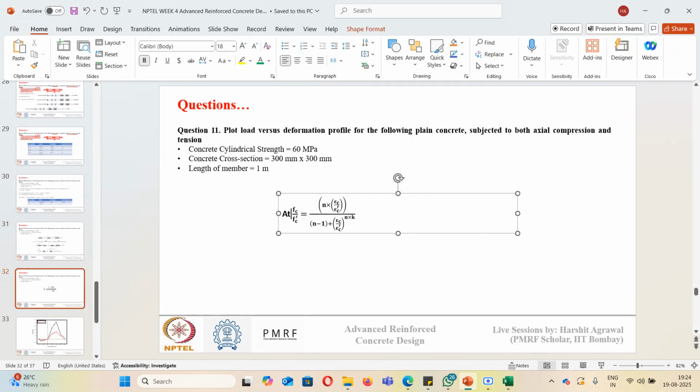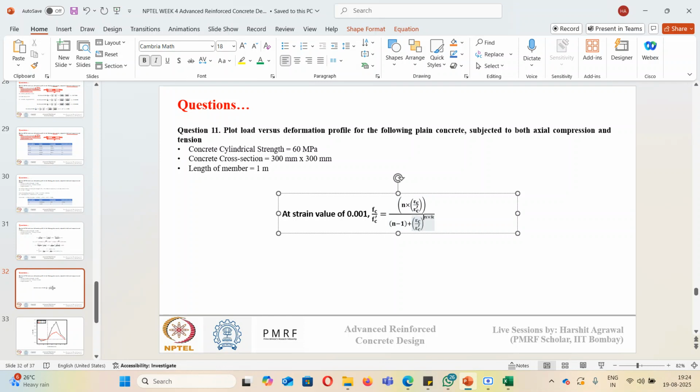So first at a strain value of 0.001, we'll calculate the stress. Since this is lower than 0.002, my K will be 1, and all other values I can keep.